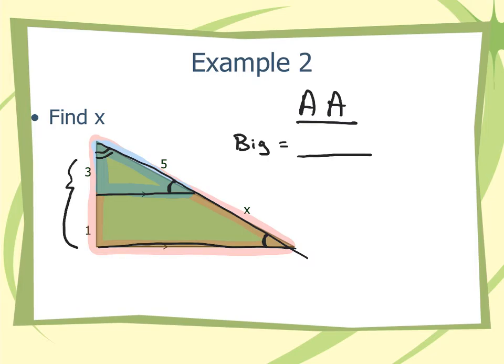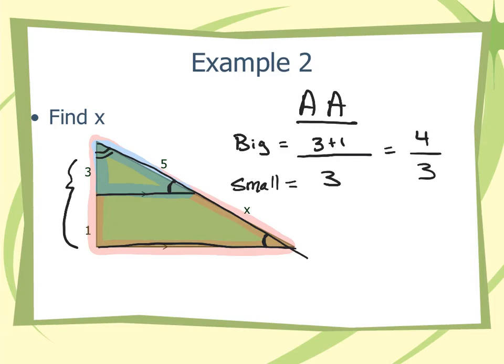That is the left-hand side of there. It's not just 3, it's not just 1, it's 3 plus 1, which is 4. And then the length of the left-hand side of the small triangle is just 3.